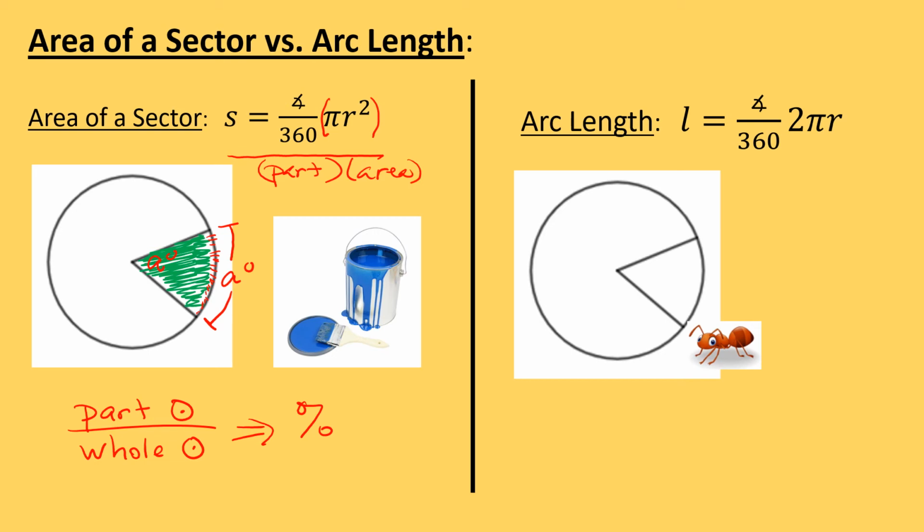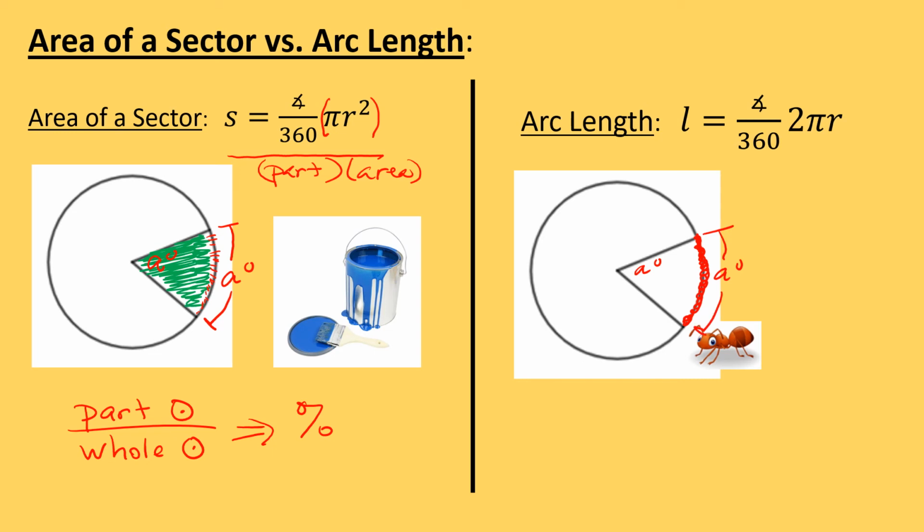So arc length is somewhat related and somewhat not related. So arc length would be, if you're an ant, how far would you crawl along to get from one point to another? And again, you do need the angle measure in order to find that. So how far we rotate from one point to the other.